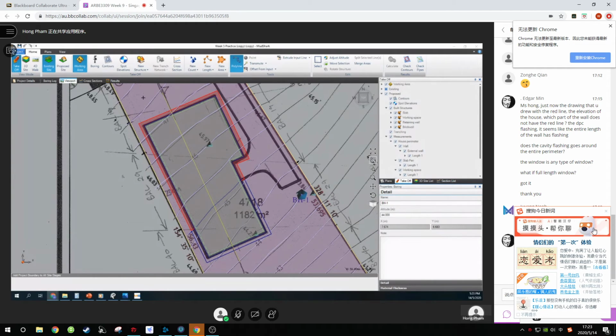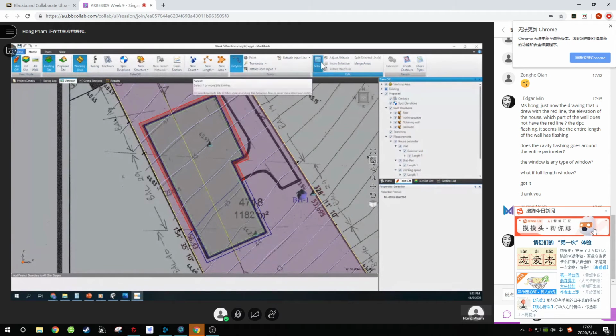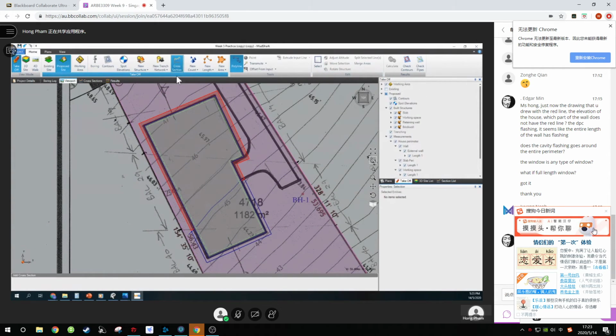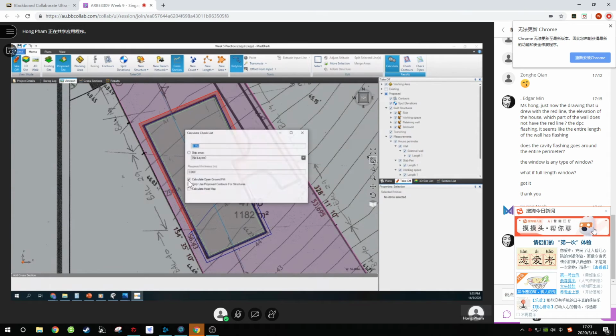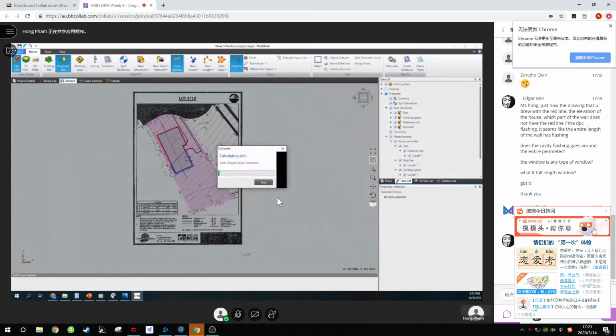Okay, for example, I'm going to recalculate this one. Untick open graph field.